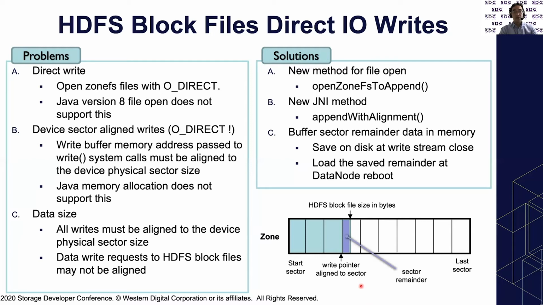This chart visualizes it. This green part shows the data stored in a zonefs file. It has unit of the sectors. On the other hand, HDFS block file can have any size in byte units. So this purple part shows the remainder which cannot be saved in the zonefs file. How to handle this sector remainder? That's the third problem.